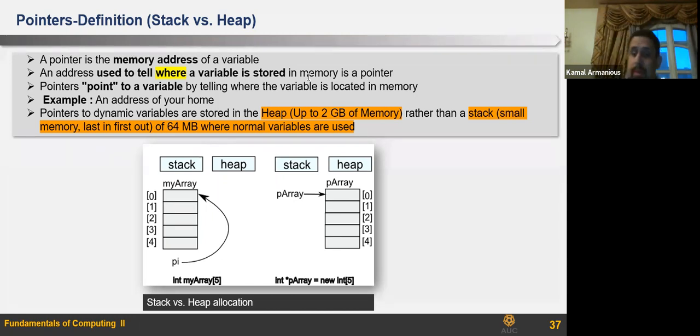Because we are reserving something in the heap, we have to point to it. And this pointer is what we are speaking about. So it is an address that points to something. And I repeat, everyone, it's pointing to something, a variable, an array, a stack, a queue, whatever it is. So thank you, Sander, for this. Anyone that answers, just give himself or herself a bonus, whatever the answer is.